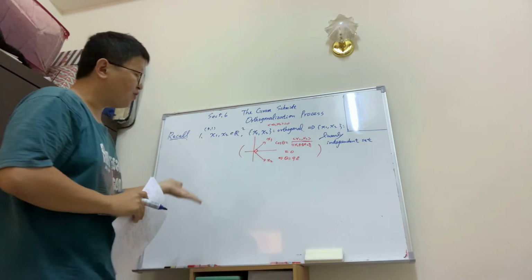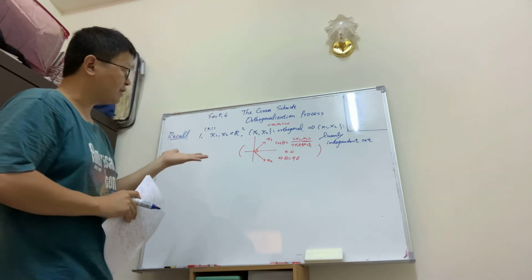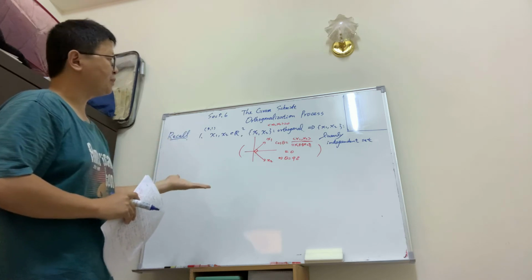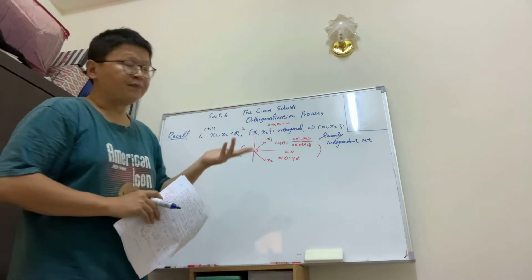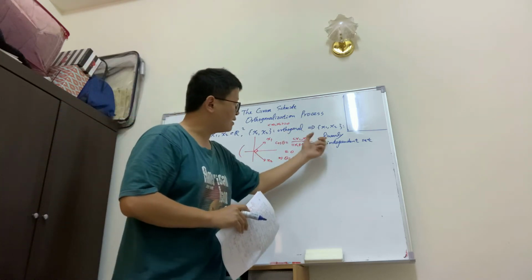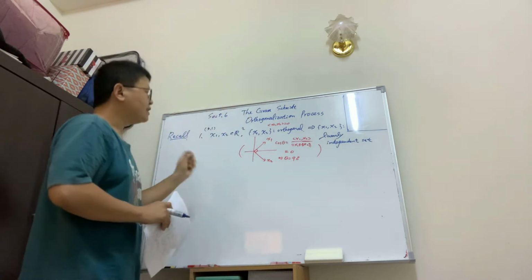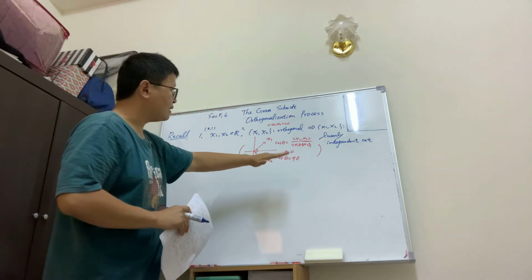In chapter 4, when we talked about vector spaces, a basis in a vector space is an important concept. A basis means a spanning set that is linearly independent. So a linearly independent set is an important concept.